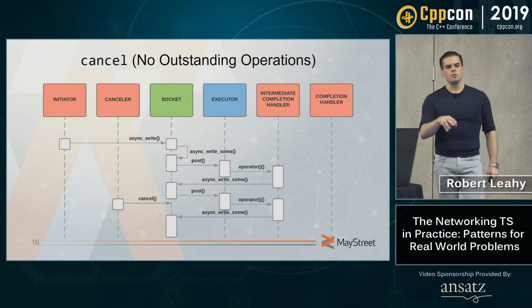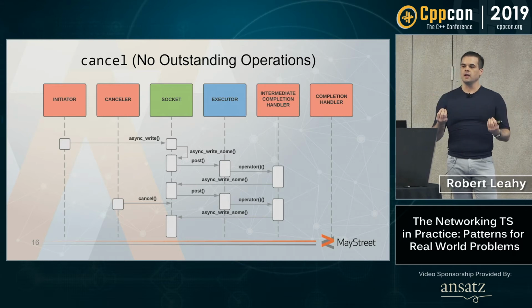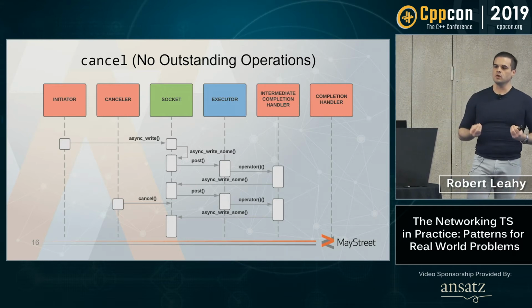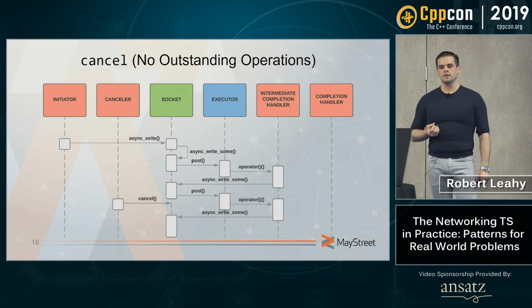Because what we were doing when we thought we could just cancel AsyncWrite was assuming that AsyncWrite was an indivisible asynchronous operation operating on the socket, which was wrong, and the incorrectness of that assumption is reified in this sequence diagram. So maybe we go out and look at how AsyncWrite is actually defined.